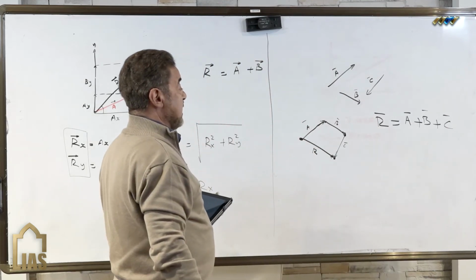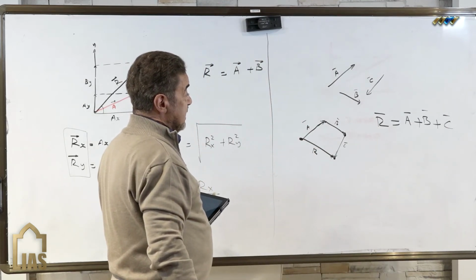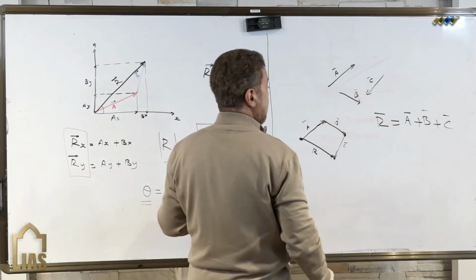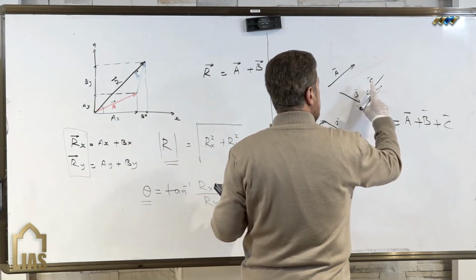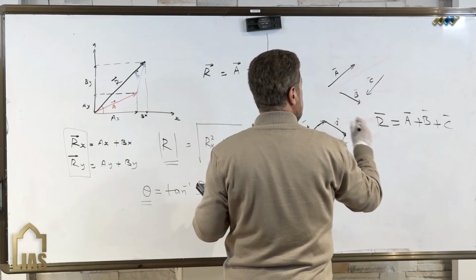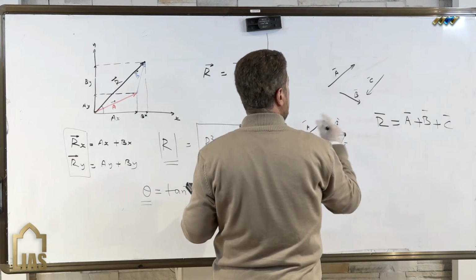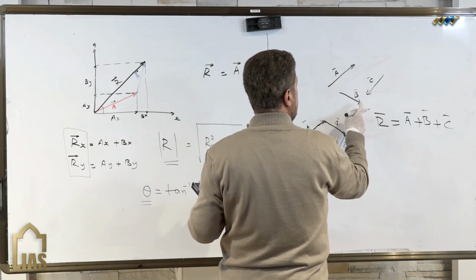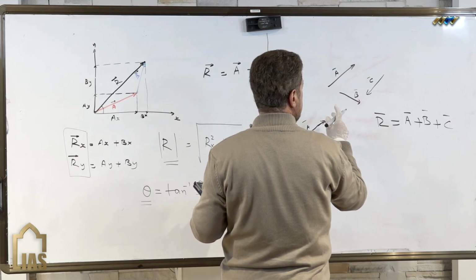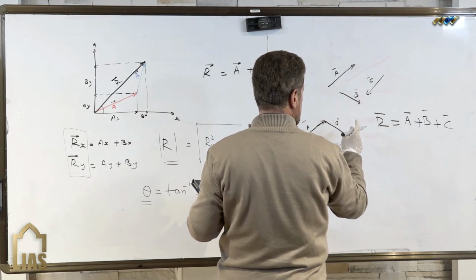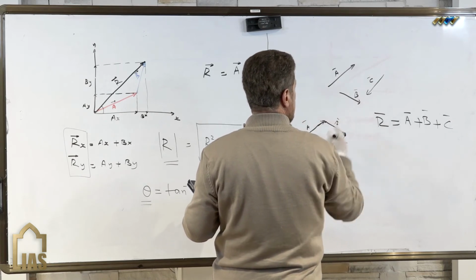Another thing: if we have, for example, C in another direction, or B in this direction, B like that from the tail.